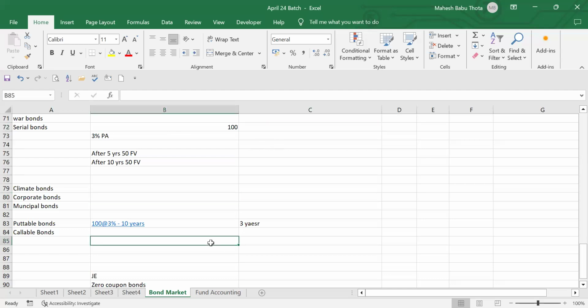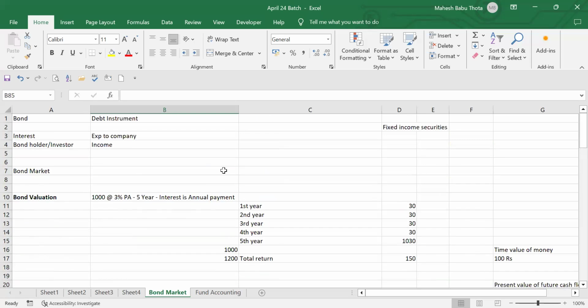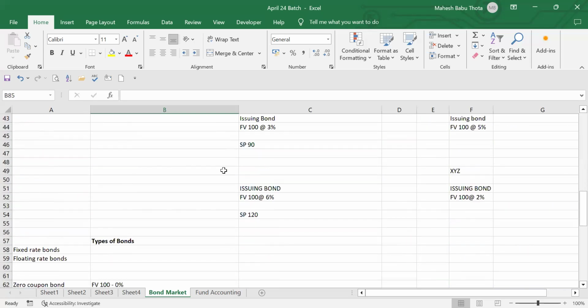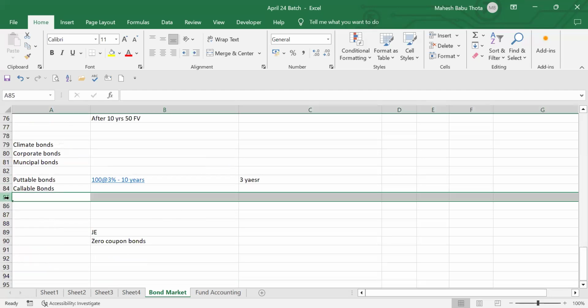So it will take some time, so let me pause this session here. If anyone has any doubts on this bond market, you can ask me, guys. Otherwise we'll wrap up. Yes, we'll cover interest for zero coupon bonds.